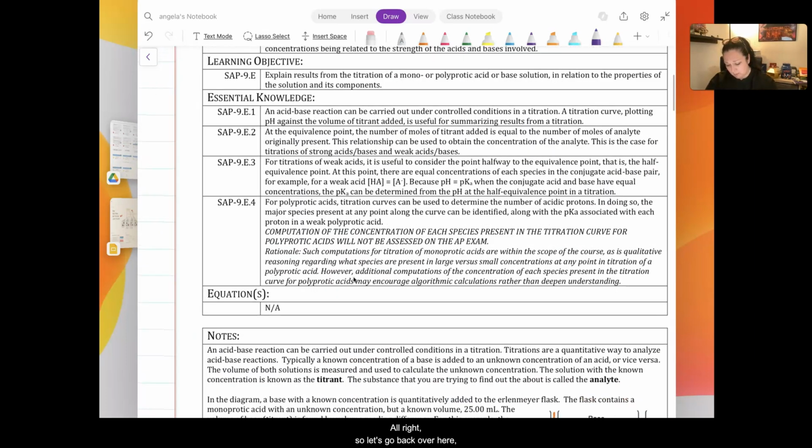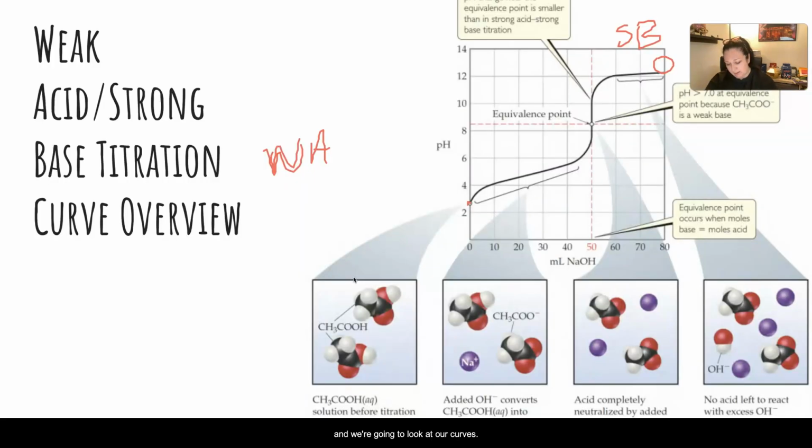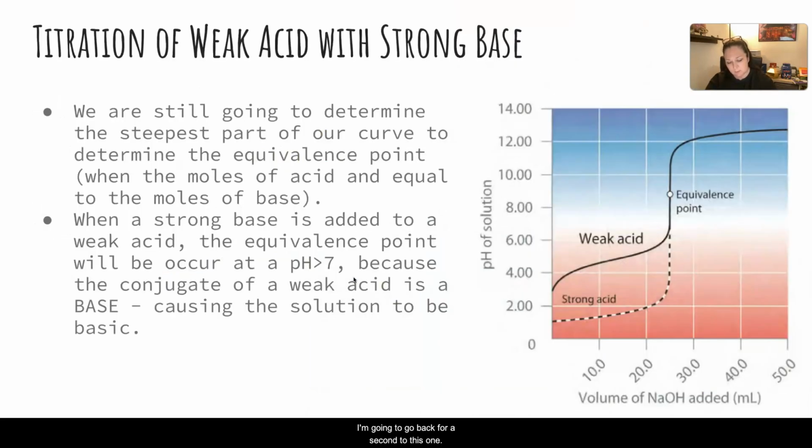All right, so let's go back over here and we're going to look at our curves. I'm going to go back for a second to this one. Let's talk about the curves. Remember I said you can see the buffer in action because the buffer slows things down. It calms it down. So with my strong acid right here, my pH is slowly on the rise.